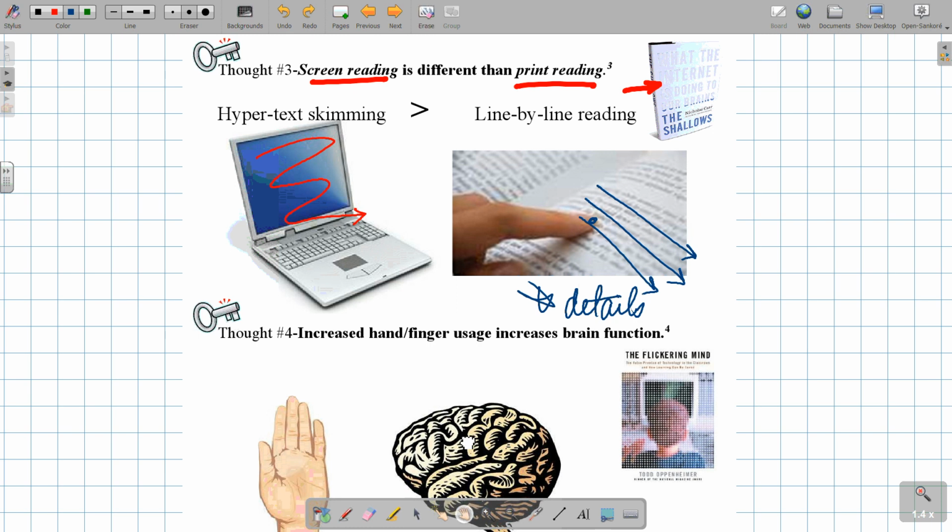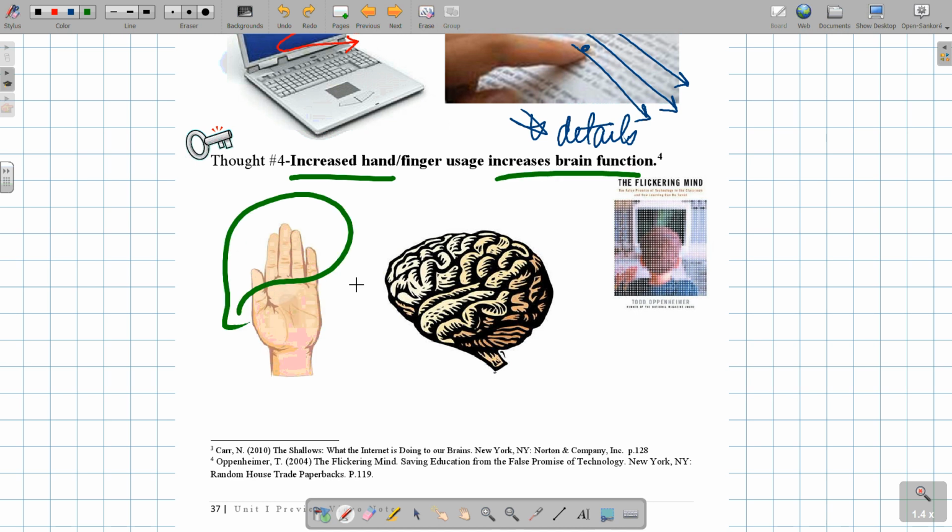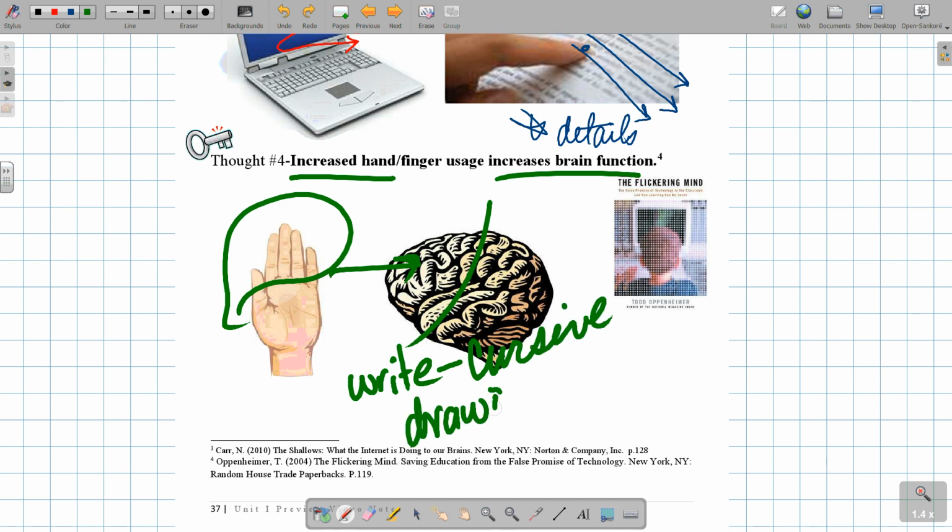For example, if you increase physically writing, specifically writing in cursive, physically drawing, physically holding models and making models, all of that, whatever increases your hand usage as you learn, even physically making little note cards or ringlets of note cards, all of that increased finger usage increases brain function.